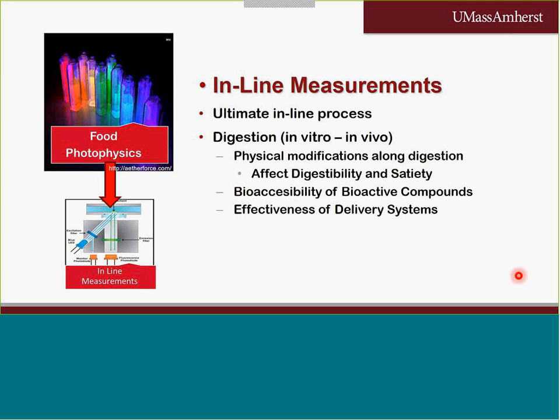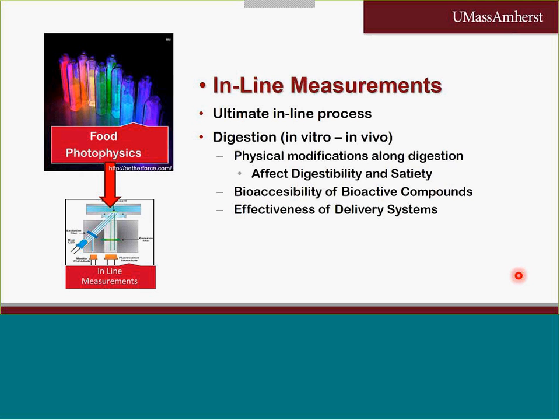In digestion, we have physical modifications of the food itself, which can affect digestibility and satiety. We want to figure out the bioaccessibility of the bioactive compounds that we have in that food. And also, in most cases, we are fortifying food, so we try to figure out what happens with those delivery systems as they go through the gut.